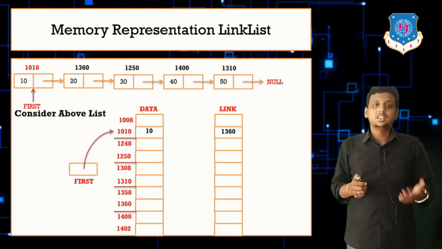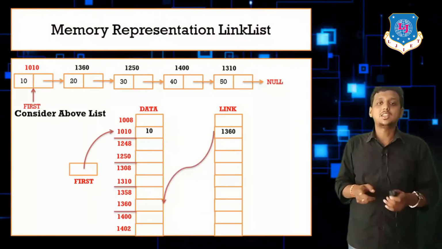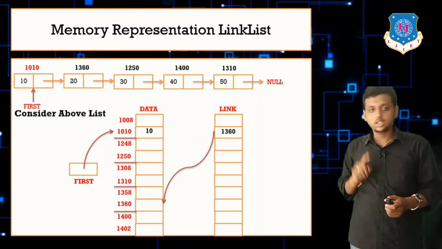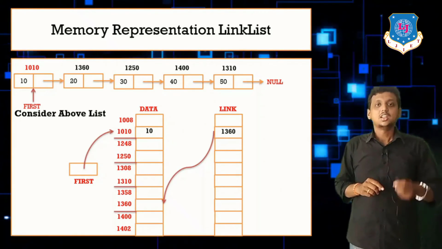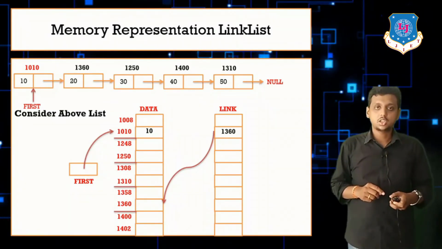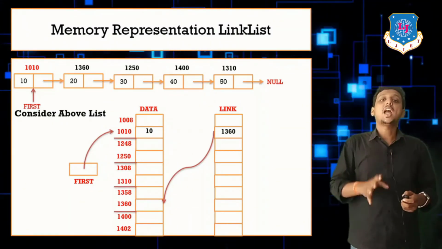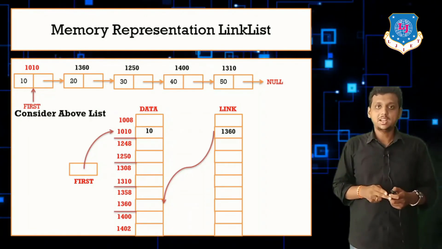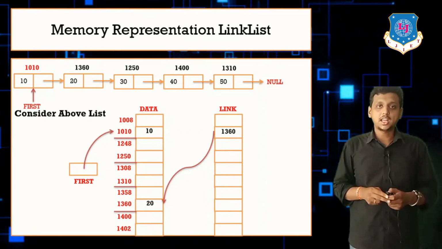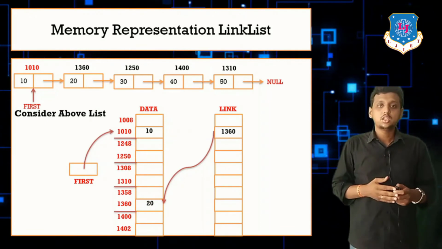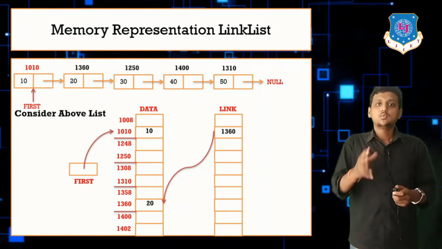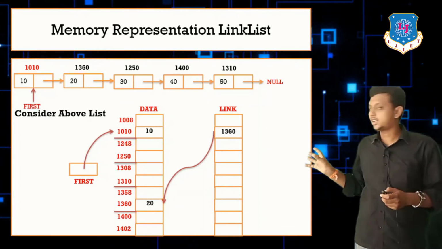So obviously the link is going to point to 1360. It's going to point to the 1360 location. At that location we have the value 20. Let me just insert the 20 over there. Now tell me, what is the next node? Next we have 30. What is the address of the 30?